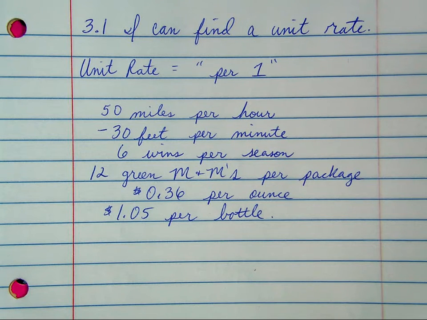So there's the unit. And the reason why it's called a unit rate is because the rate is per one, which means you need to have the number 1 in the denominator.